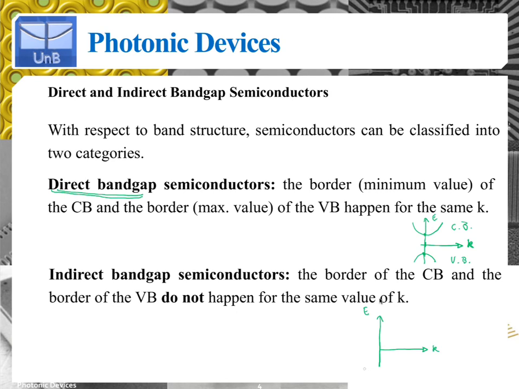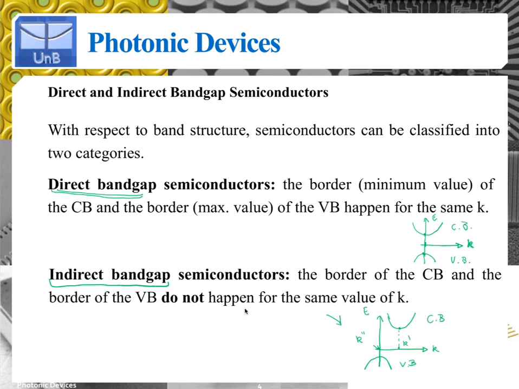So you could have the border of the valence band, for example, right here, but the conduction band would be misaligned, would be shifted towards the right or the left in such a way that the border of the conduction band happens for one K value, let's say K dash, and the border of the valence band happens for another K value, K2 dash or something. So these happen for different Ks.